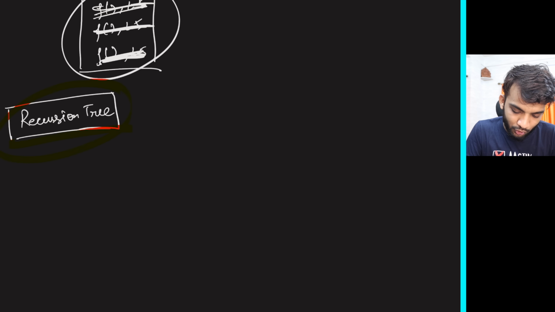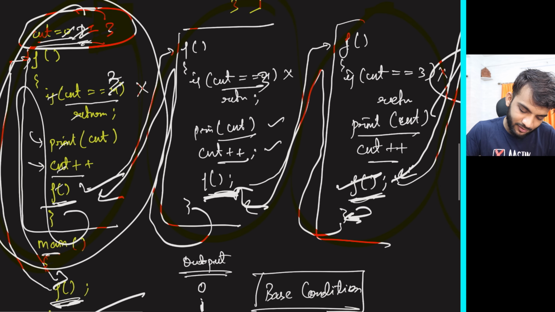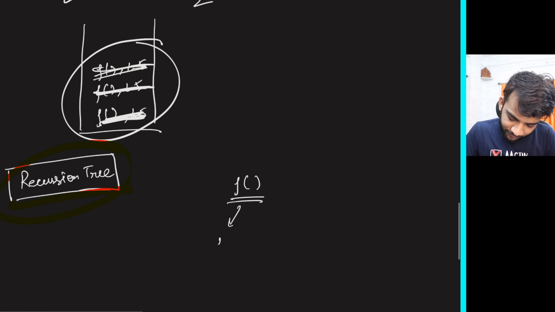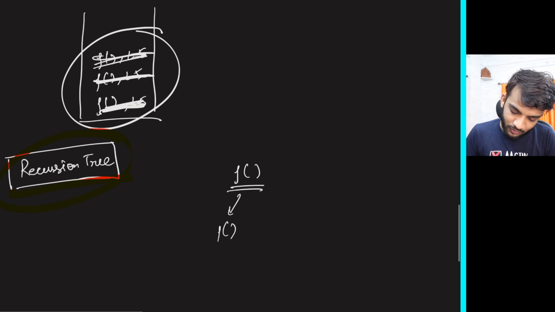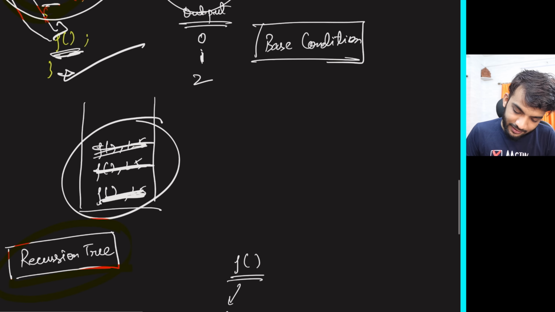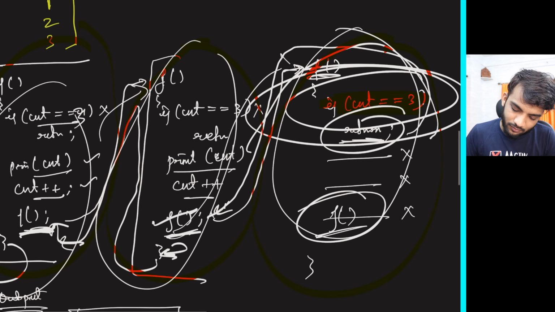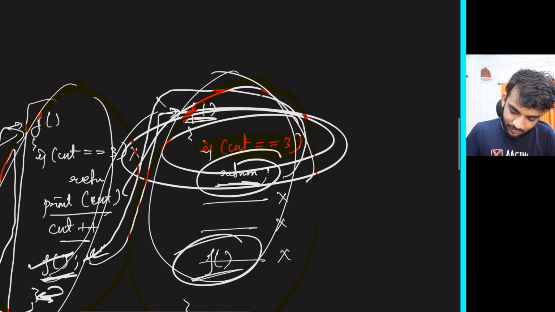So basically I'll say the first function was called, which is specifically this guy, and then this guy called F. So this guy again called F. Then this guy again called F. And then this guy again called F. But this guy returned.